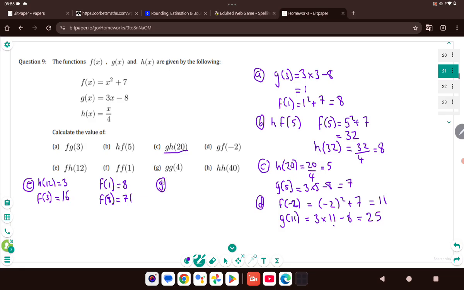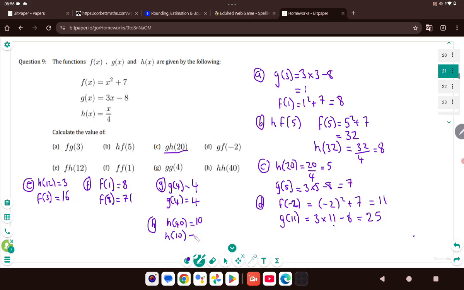G. g of 4. h of 40. 40 divided by 4 is 10.